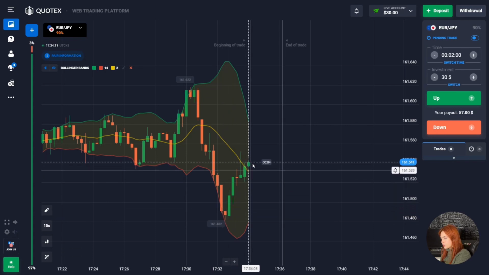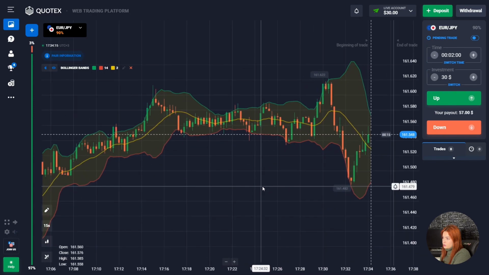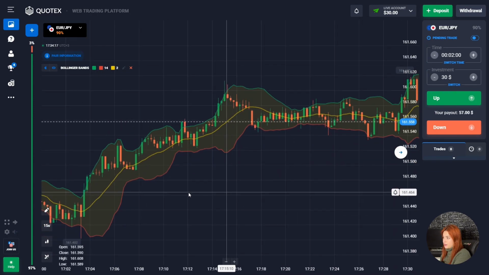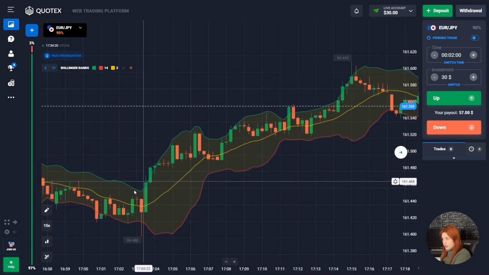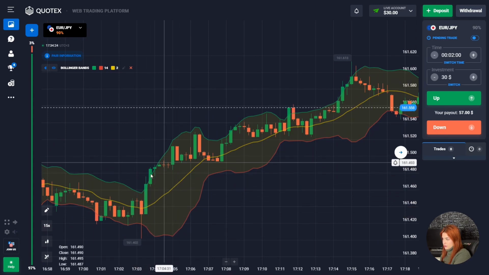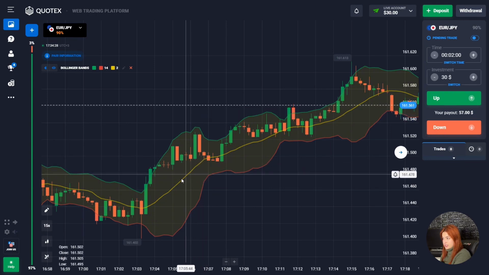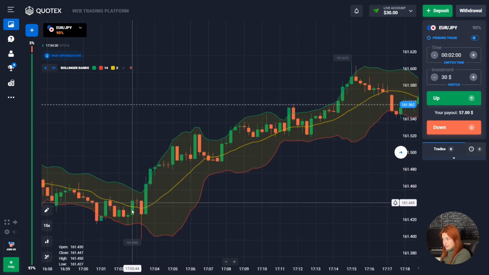This indicator also gives other signals. For example, you can open a deal on a breakout of the price through the moving average from the bottom up. At the same time, we see that the price is moving in the upper zone of the price channel, and the moving average is the support level here.